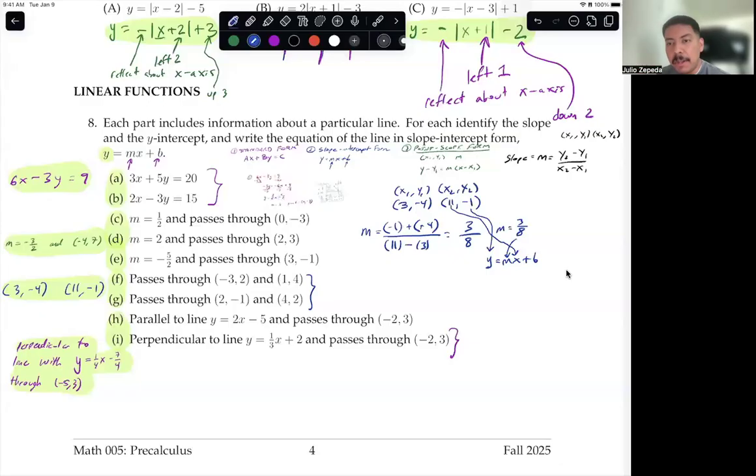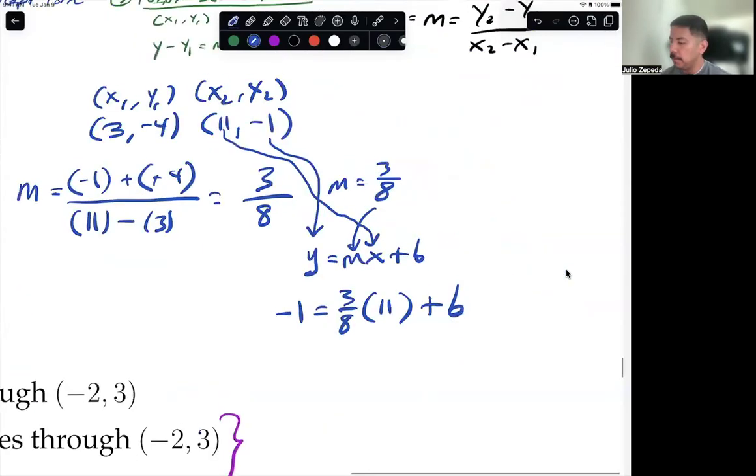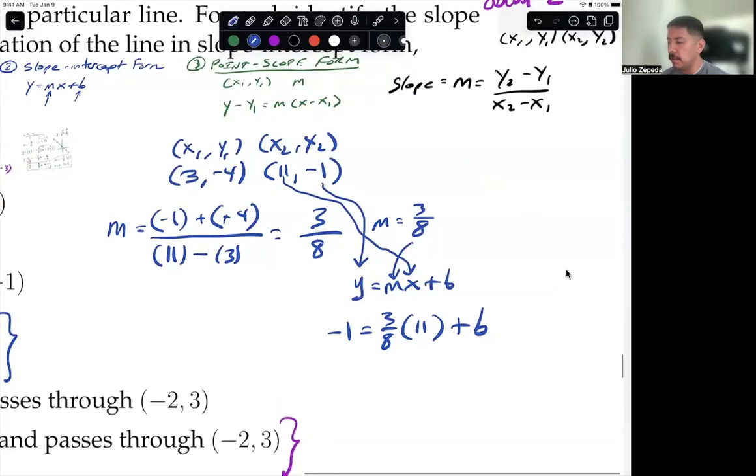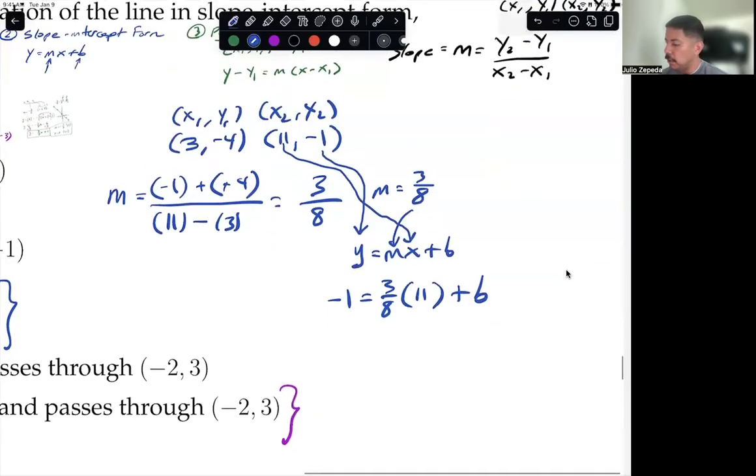Okay, and if I plug all of that in, the y value is -1, the m is 3/8, x is 11, and b is unknown, but I'm about to solve for it. Okay, so if you're used to doing it this way, you can do this. So -1 equals 33 over 8 plus b.